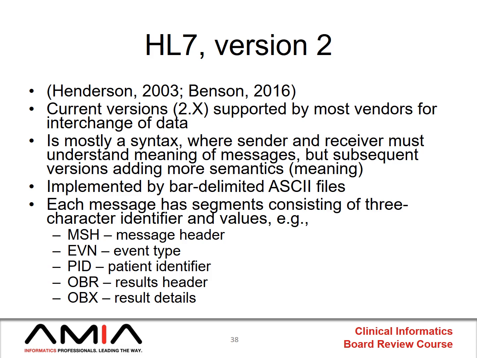HL7 version 2, as we'll see in the next slide, is implemented by bar-delimited ASCII text files, and each message has segments that consist of a 3-character identifier and then values that follow after it. So we'll see examples of the message header, the event type, the patient identifier, and the results header and details.